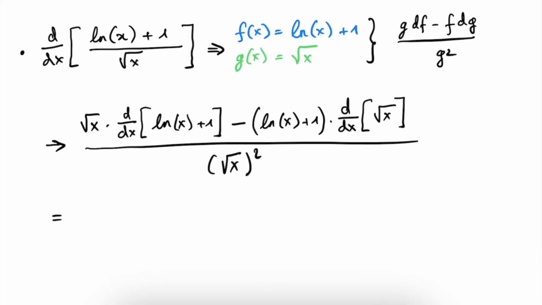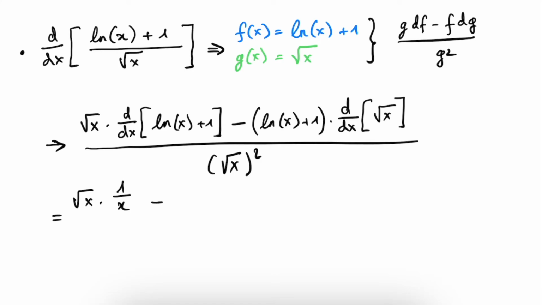Writing this out, so taking these basic derivatives, we have the square root of x times 1 over x, because the derivative of ln of x plus 1 is just the derivative of ln of x, because the derivative of 1 is 0, and the derivative of ln of x is 1 over x.